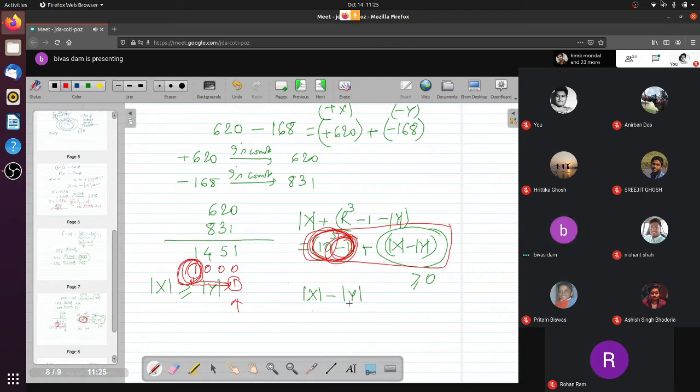In case there is an end around carry or final carry, I shall take it and add it with the least significant position of the result. So I have to add 1 with 451, so the result will become 452. Find out what should be the required result. What is the required result?